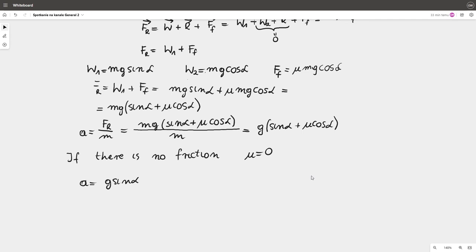Also, in last equation, for magnitude of acceleration, plus will be instead of minus. Here and here.